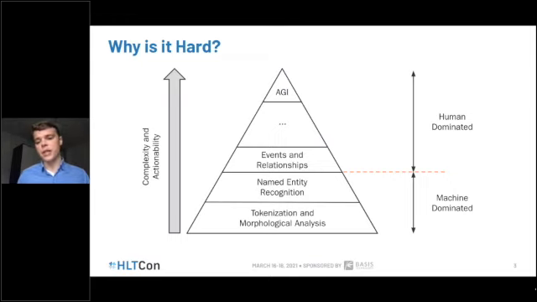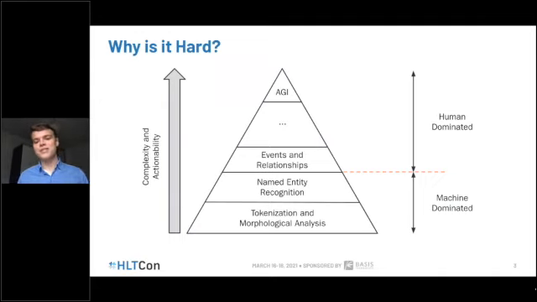Similarly, for events and relationship extraction, which is a very closely related task, you have to reason about how are the named entities in this document utilized? What are they trying to express in terms of how they relate to one another? And this extra layer of indirection that you add makes it more and more difficult to apply automated methods to these problems.